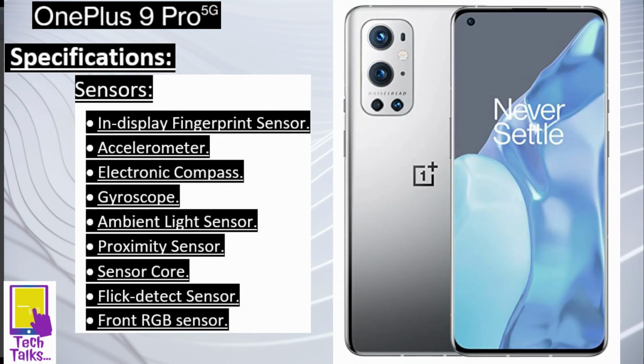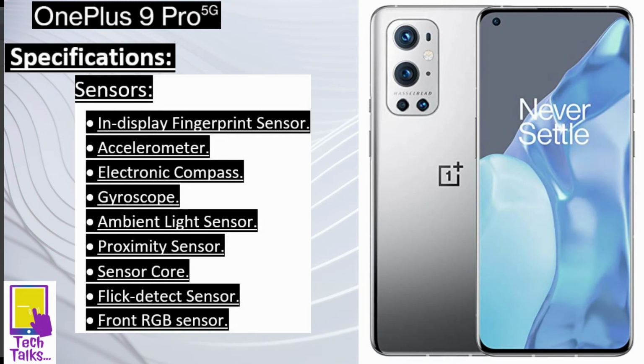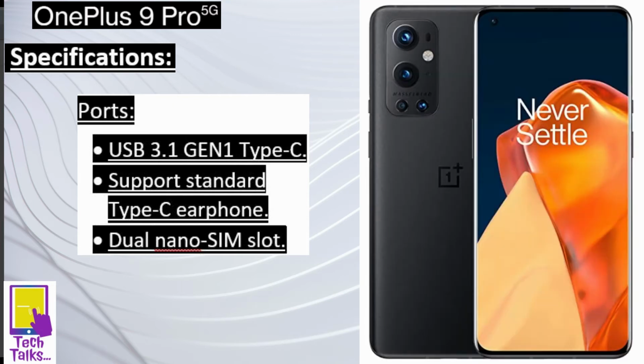And now when we talk about the sensors, it has all the required sensors like an in-display fingerprint sensor, accelerometer, electronic compass, gyroscope, ambient light sensor, proximity sensor, sensor core, flicker detect sensor, front RGB sensor. And it has a USB 3.1 Generation 1 port, which is a Type-C port, and it has a dual nano SIM slot.